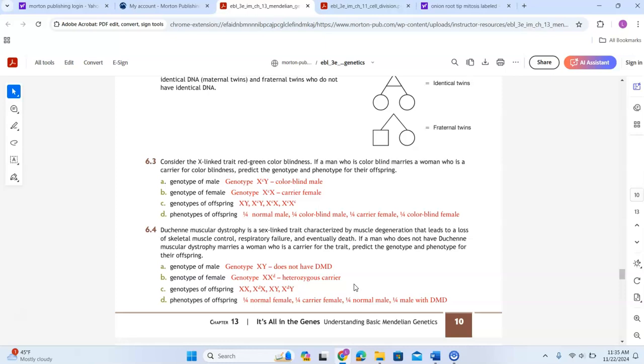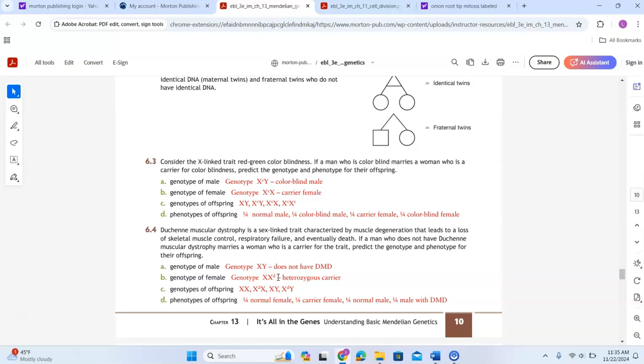The problem for 6.4 is for another X-linked disorder called Duchenne muscular dystrophy. The male is XY. He does not have muscular dystrophy. And the female is a carrier. So that little d is the allele for muscular dystrophy.